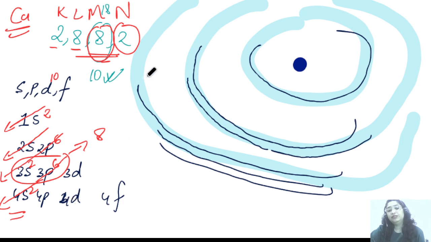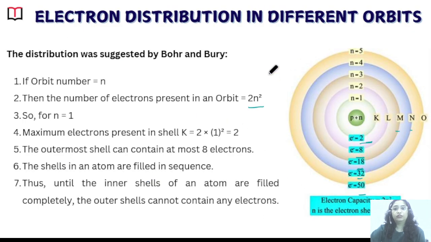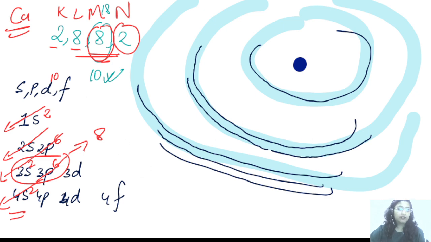So this is the reason that in the M shell we are not writing up to 18. After writing 8, we move on to the next shell, the N shell. Otherwise, according to Bohr's theory, 18 electrons will be filled in the M shell, which is also correct.